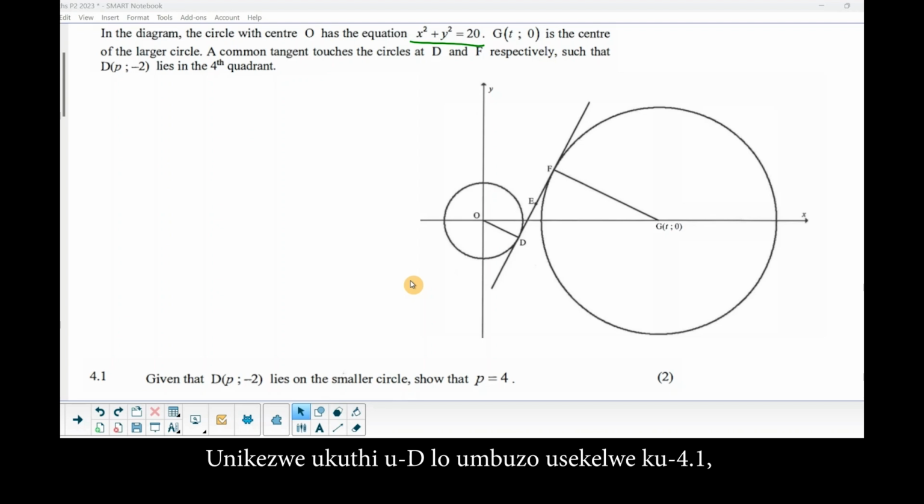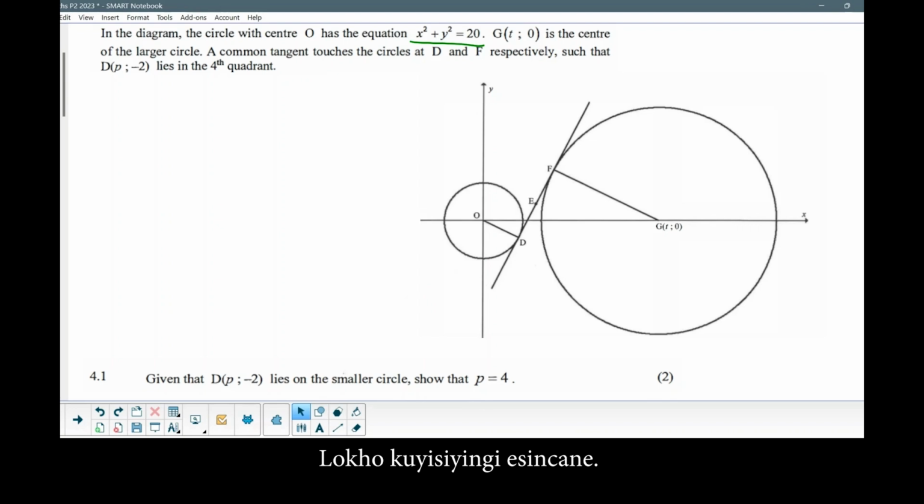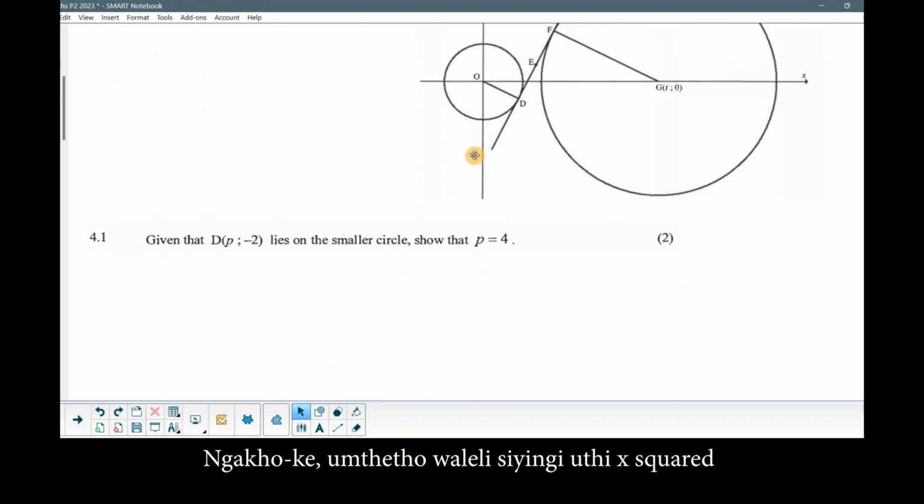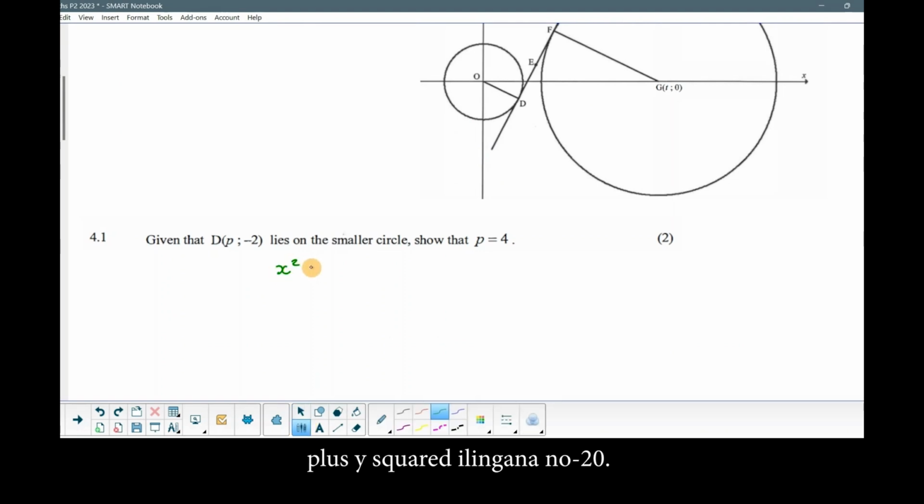Question 4.1: given that D, which is (p, -2), lies on the smaller circle, show that p is equal to 4. So the equation of that circle is x squared plus y squared equal to 20.